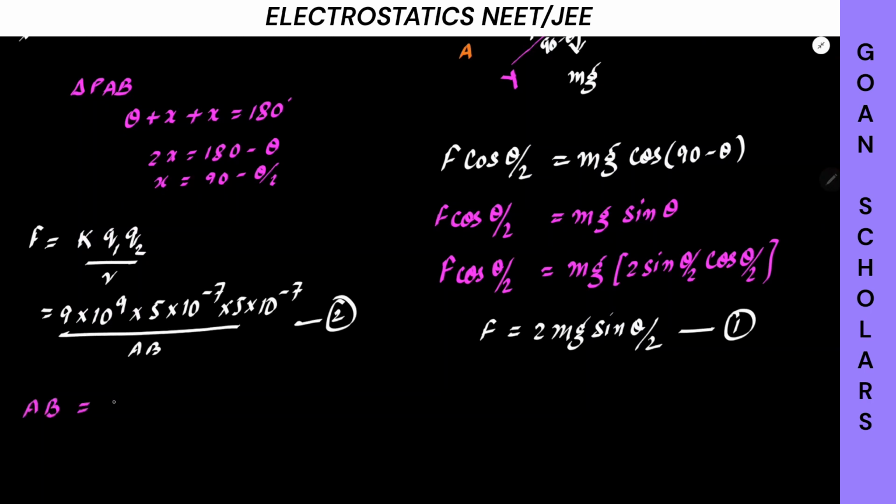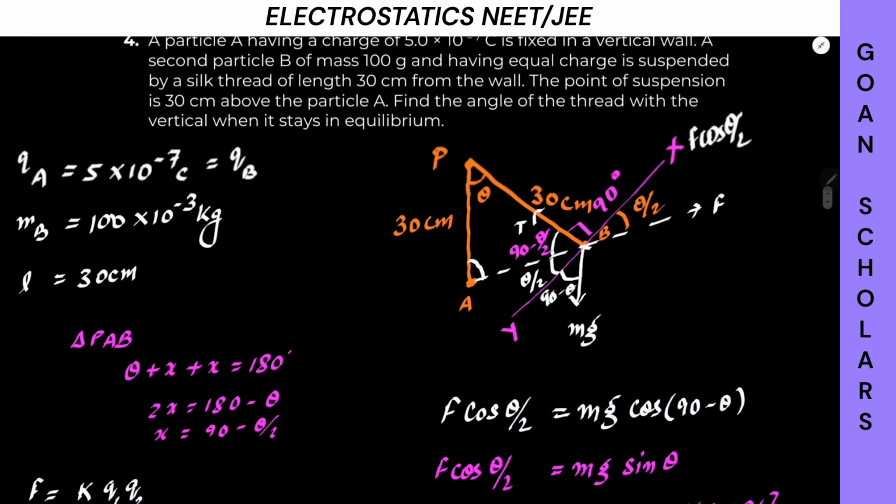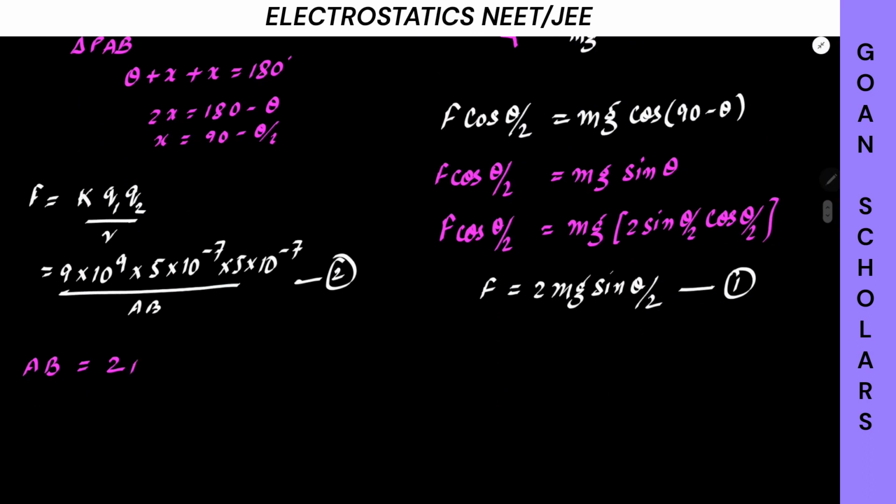So AB will equal 2 times AP sine theta by 2. AP is 30 centimeter, so 2 into 30 into 10 to the power minus 2 into sine theta by 2.